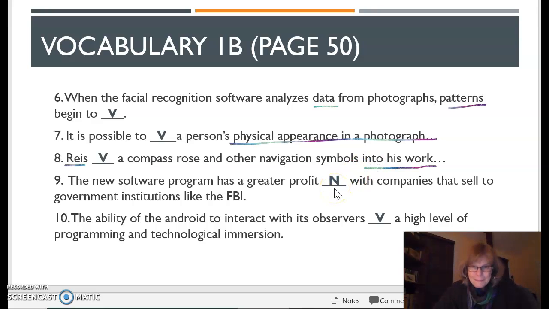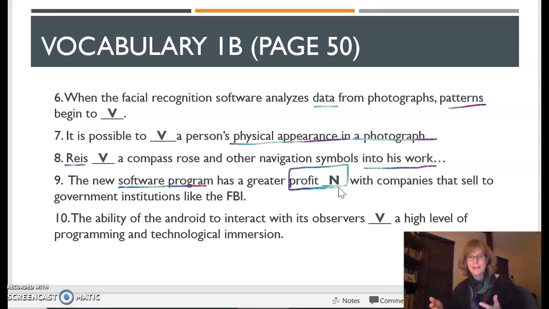Number 9, talking more about software and its great profit. What is a word I can use with profit? So this is an expression we'll talk about, and I'm using it with margin. Profit margin is that cushion, that space, when a company gets out of debt and begins to make a profit, right?